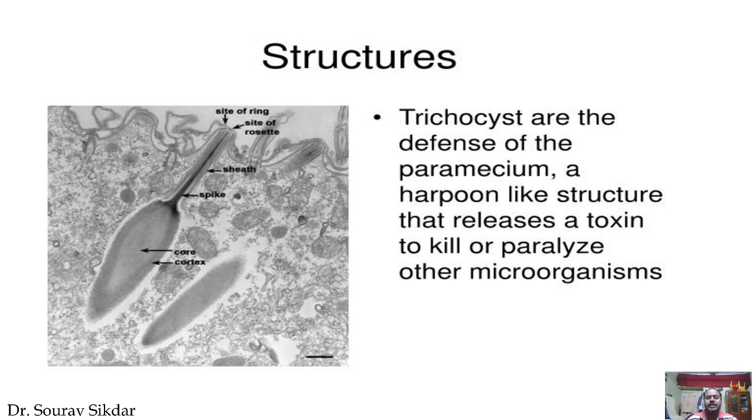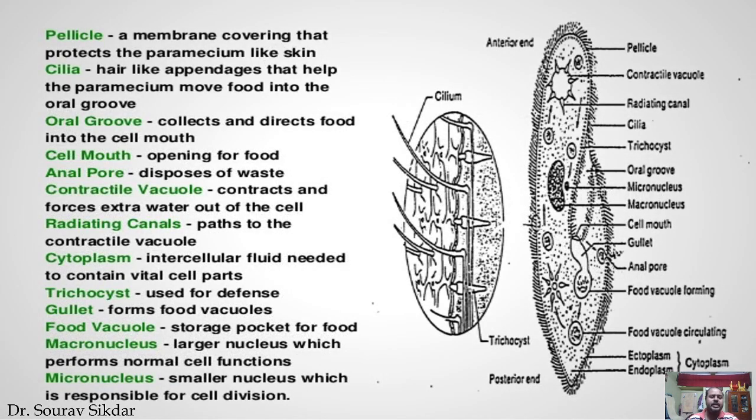These structures look like harpoons, and the interior part is present deep in their body, entering through the plasma membrane into the depth of the cytoplasm, but outside they contain this type of structure which sometimes is involved in killing or paralyzing microorganisms. It is allied with the cilia, and along with that, these are some important parts of their body.